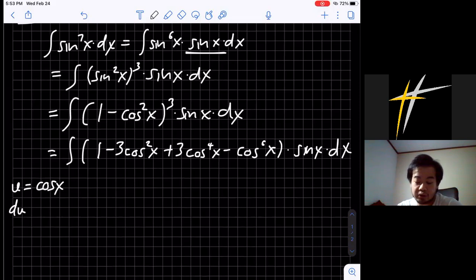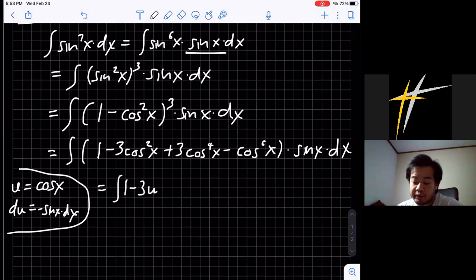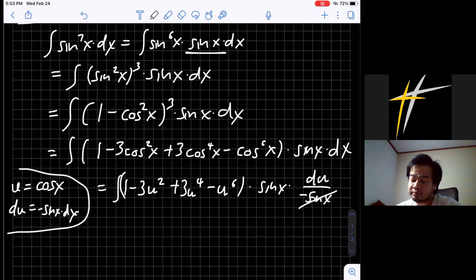So du is equal to negative sine x dx. Your problem will be equal to integral of 1 minus 3u square plus 3u power 4 minus u power of 6 times sine x times dx. So dx is equal to du over negative sine x.